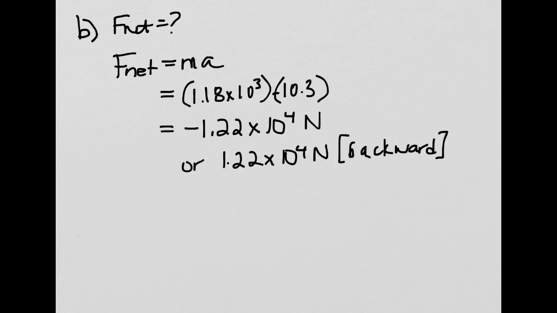So the net force, which is likely the braking force on the car, is 1.22 times 10 to the power 4 newtons backwards or against the direction of motion. Which again makes sense because if I'm acting to slow this car down, then my net force has to be in the opposite direction of motion.